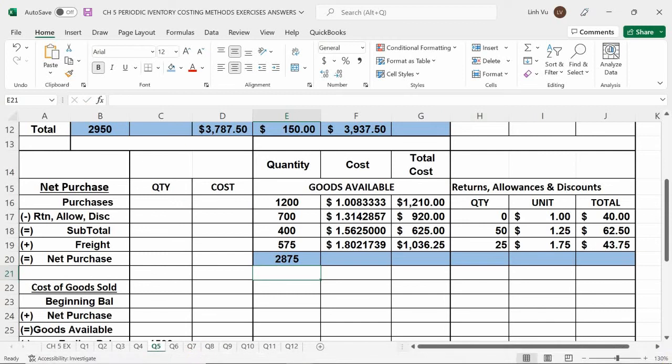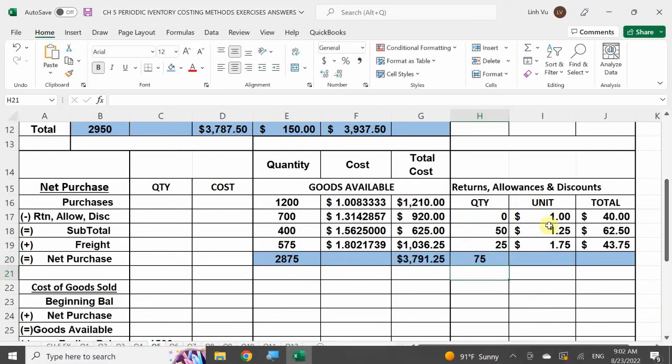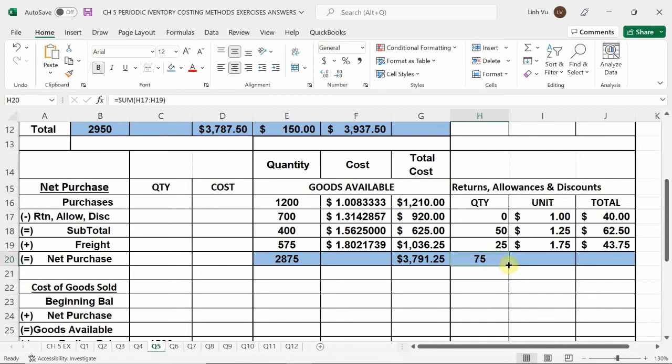Yes, that's what I got too. All right, and then I'll go ahead and solve this for you here by dragging my formula over. So you should be at a total of $3,791.25. Now, how many units did you return? 75. You got a total of 75 units. What was your total amount of refund? 146.25.